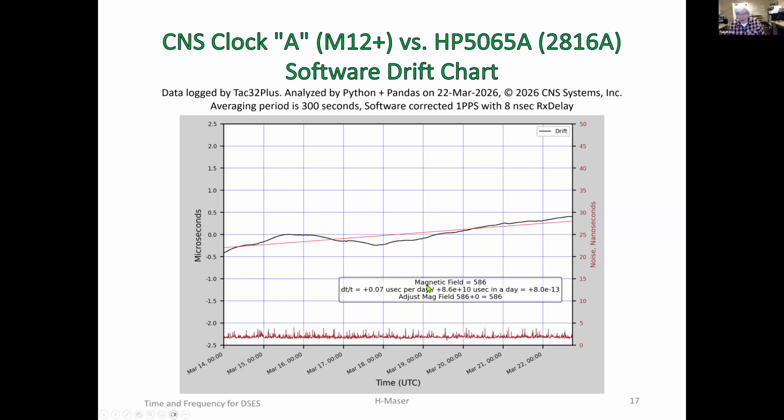There's also this magnetic field thing. If you were to open the closed door on the front, there's a 100-turn trim pot called magnetic field, and it adjusts the frequency of the rubidium, and this Python program calculates whether or not you can improve the frequency error of this device by adjusting the magnetic field.